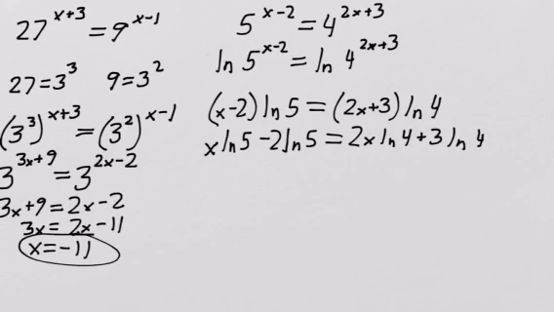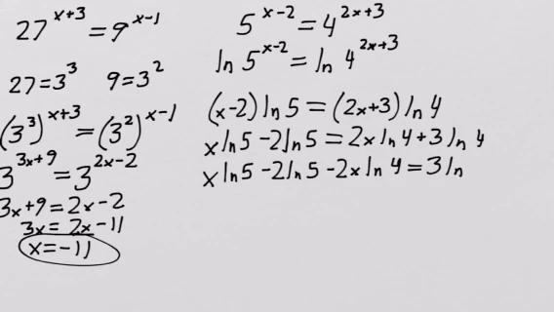So now I need to get the terms with the x's together and the terms without the x's together, so I'll subtract 2x ln 4 from both sides. So I have x ln 5 minus 2 ln 5 minus 2x ln 4 is equal to 3 ln 4. And now I need to add the 2 ln 5 to both sides.